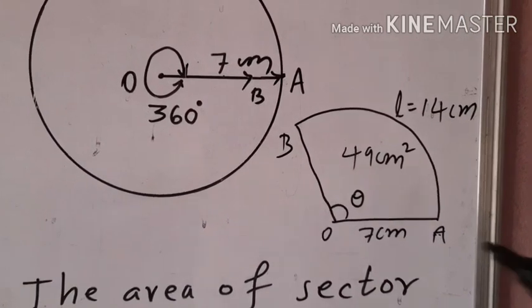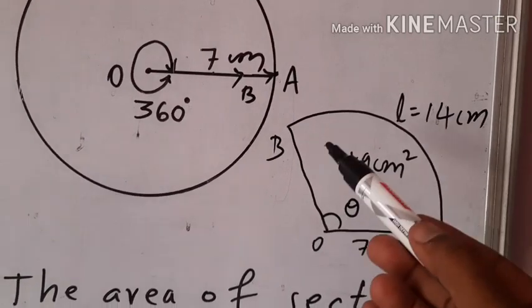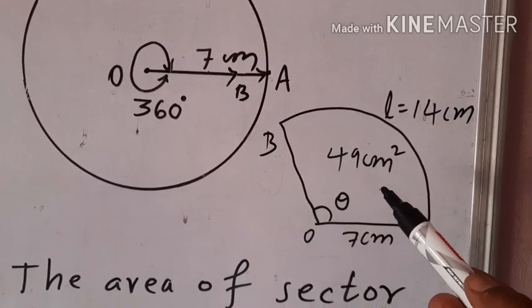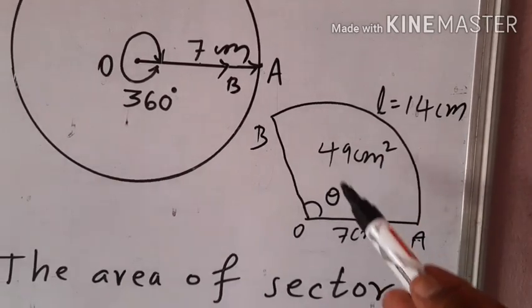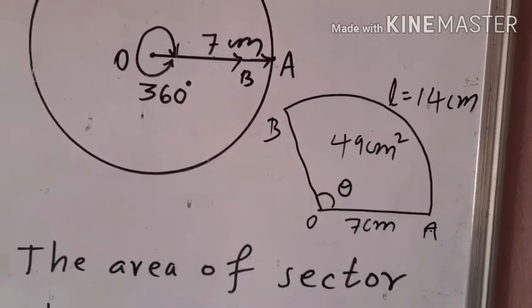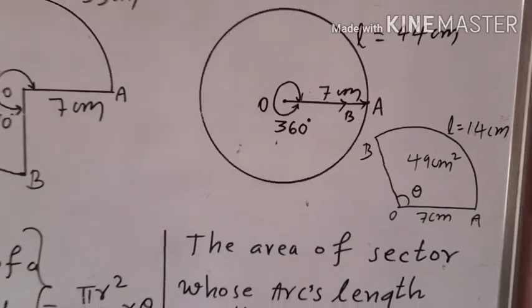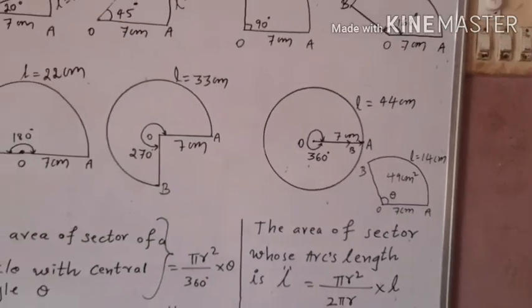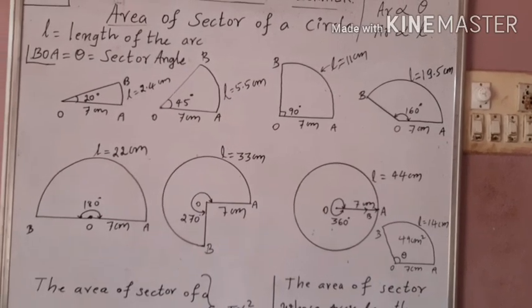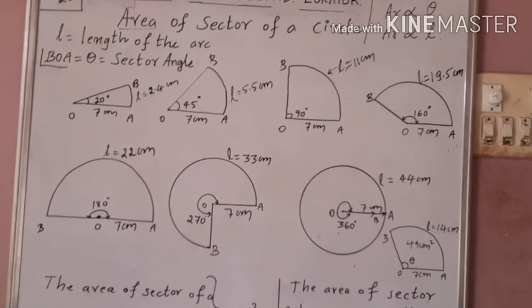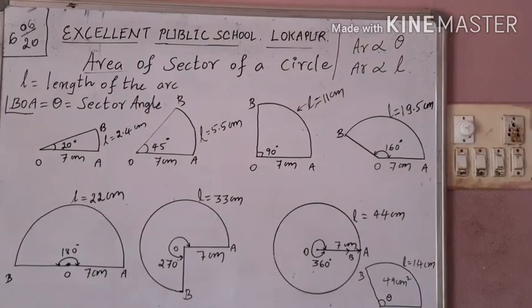It means in this place I can place 49 one-centimeter squares. That much of place it covers. So children, I hope you learned how to find the area of the sector with different central angles and with different arc lengths in this session.